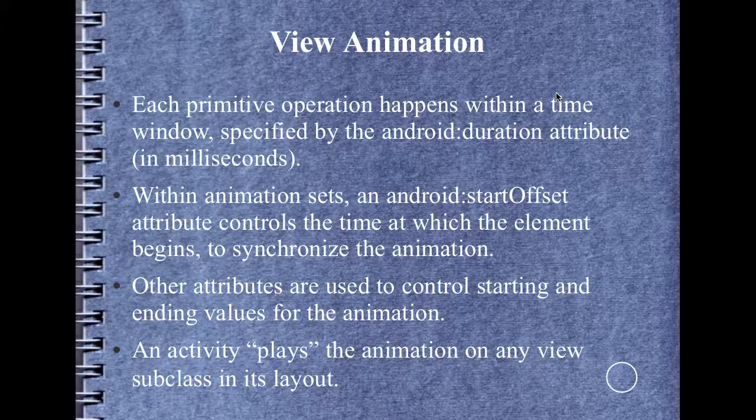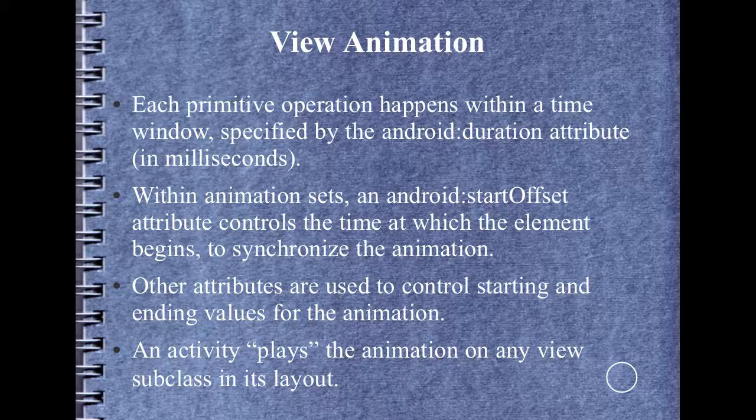So let's say we want to do a translate and then a rotate, and we want the translate to last 500 milliseconds, and then we want the rotate to start after 500 milliseconds. Well, we would set android:duration on the translate to 500. We would set android:startOffset on the rotate to 500.